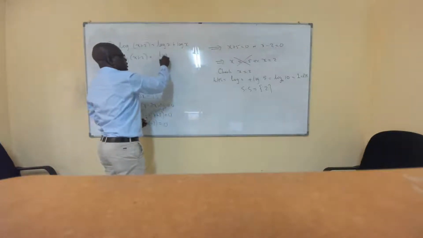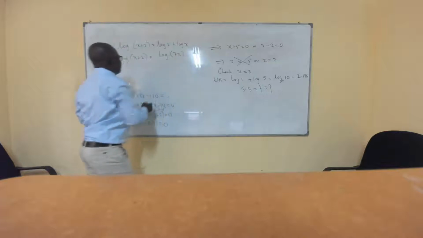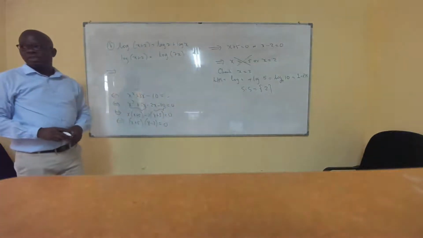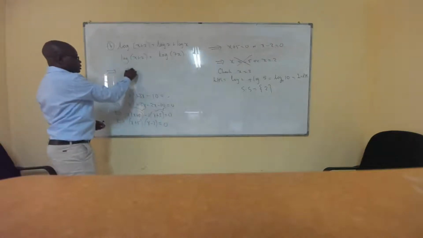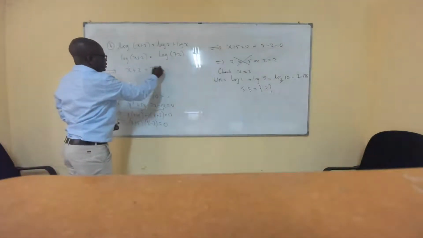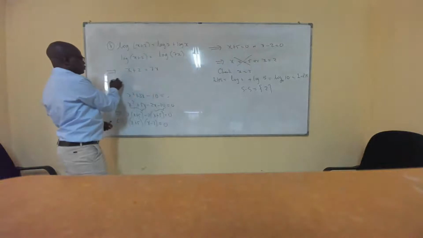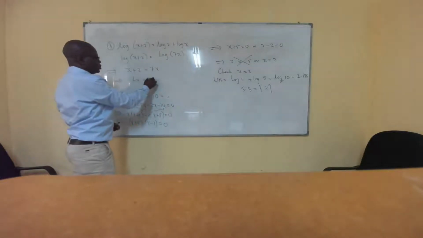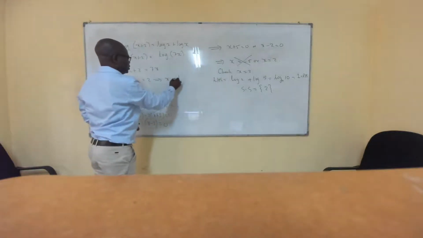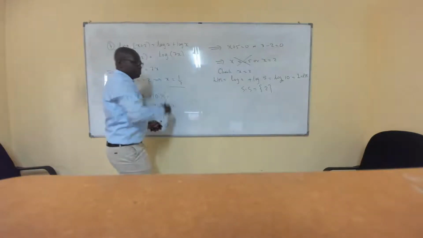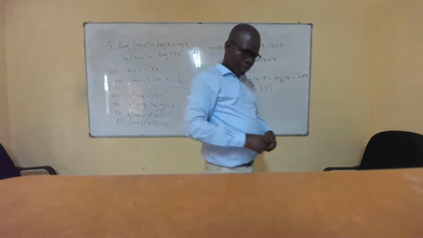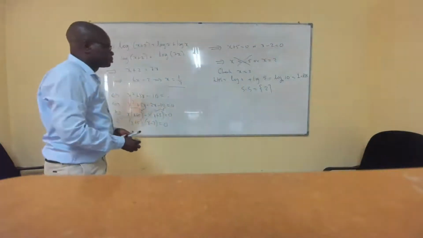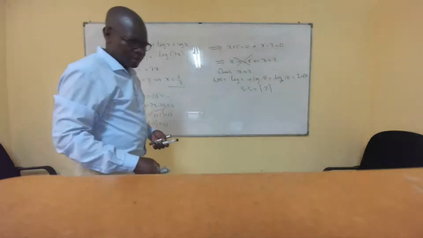So I can write this as 7x. Using the fact that the log function is 1-to-1, I can legitimately write this as x plus 2 equals 7x. So from here, if we try to solve this, it will be 6x is 2, and this will give us x is 1/3.